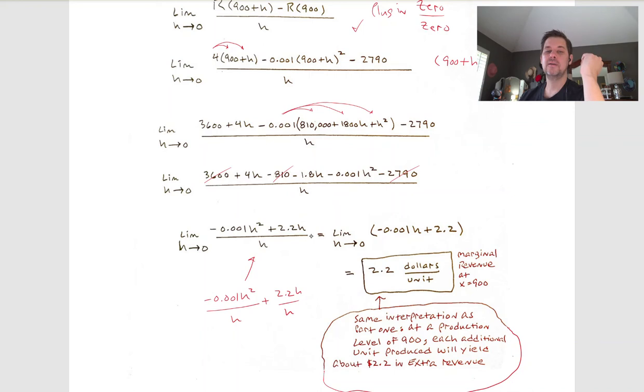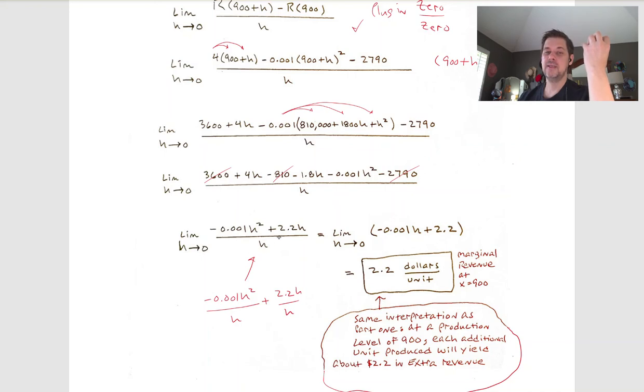This division bar with that h underneath it means that everything up there individually gets divided by h. Okay? So negative 0.001h squared gets divided by h, and 2.2h gets divided by h, like that. Looking at it that way, I get some cancellation.